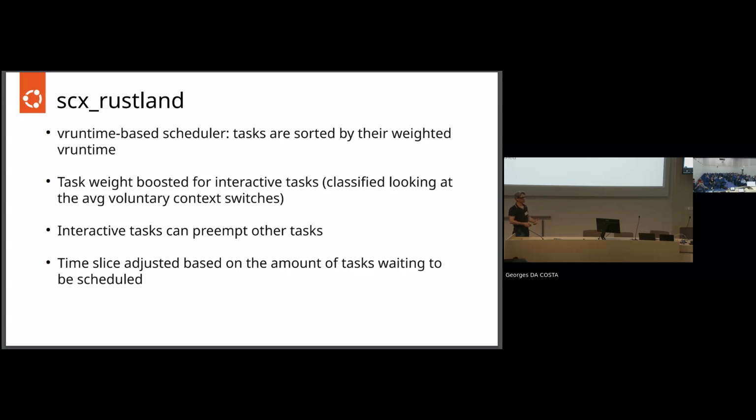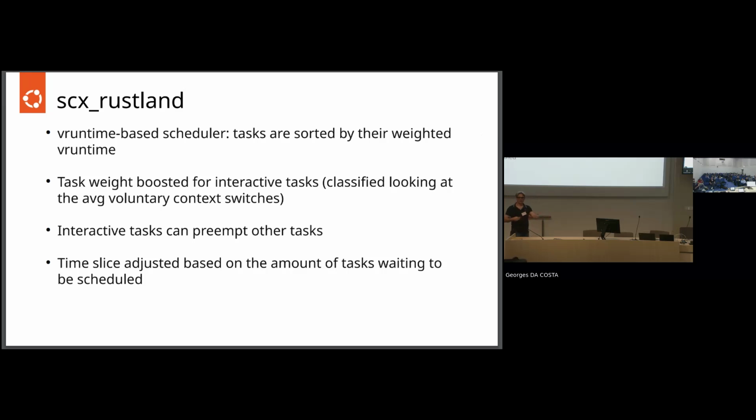And there's also the fact that the vRuntime is already prioritizing latency. But it's pushing latency priority to the extreme, because the workload that I wanted to focus on was the latency workload. And there's another thing: the time slice is adjusted based on the tasks that are waiting.